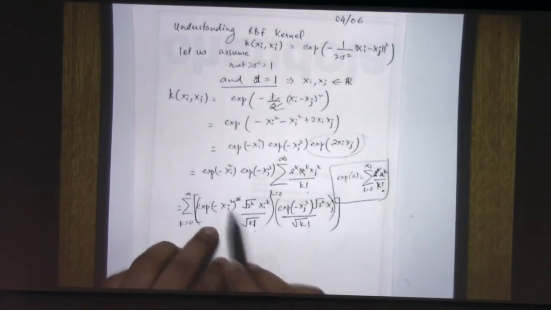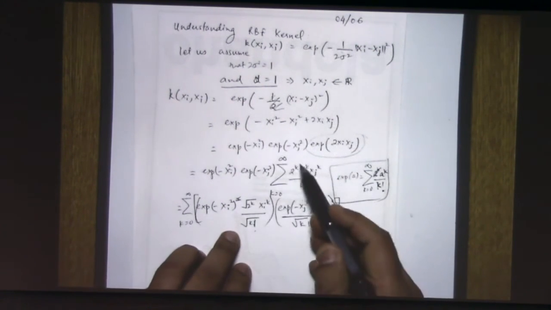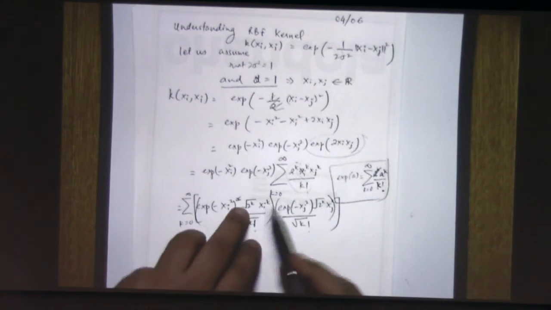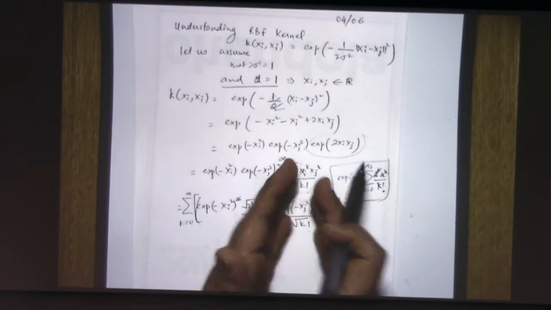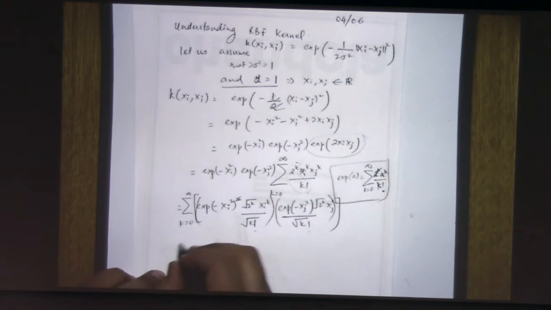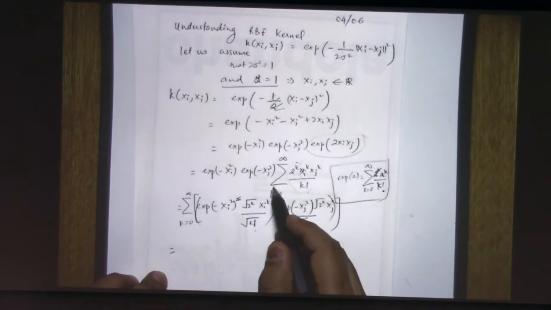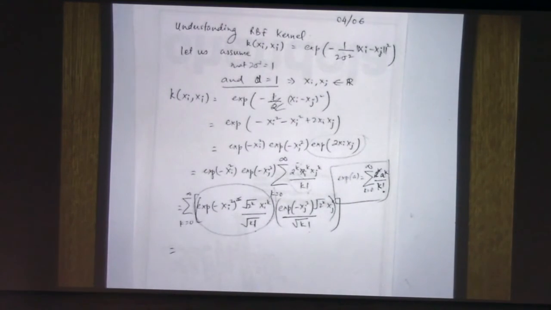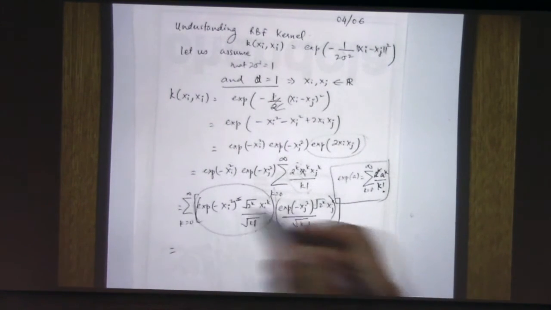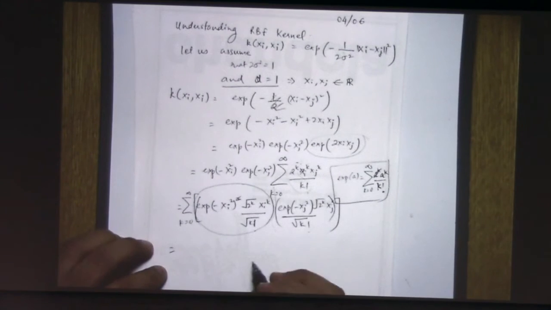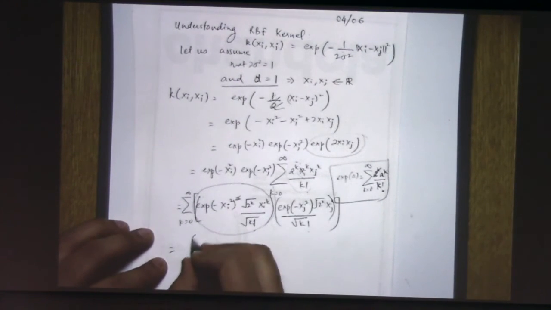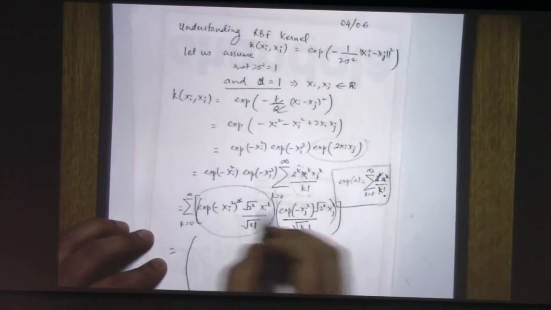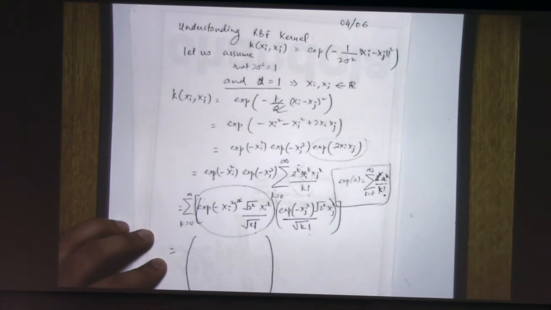I broke this part into two parts so that I can have half of it with this, half of it with that. At the end of it, you can think of this as a long vector, and this as a long vector. Think of this as a vector in which k goes from 0 through infinity.